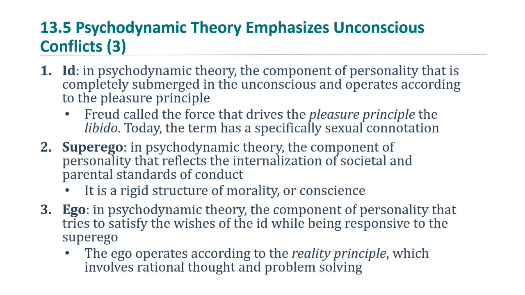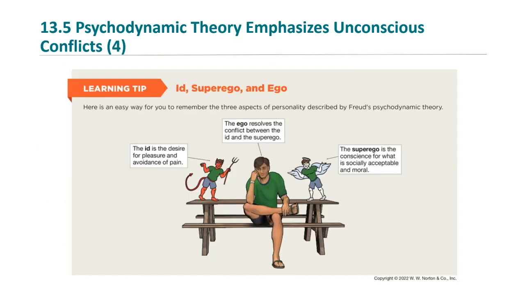We can portray the three components of the personality in this picture here. So the id is portrayed as a demon here, and it operates at the unconscious level and consists of your basic animalistic urges, mainly sexual and aggressive impulses.